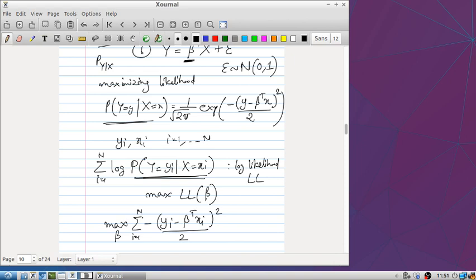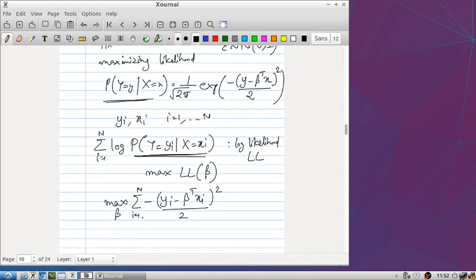The same thing as the summation is here, log of something. I ignored this because it doesn't have beta at all, some coefficient. So exponent and log cancel, and there's a minus of yi minus beta transpose xi squared. The 2 also you can actually ignore, to be honest.